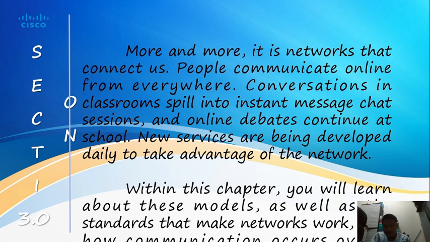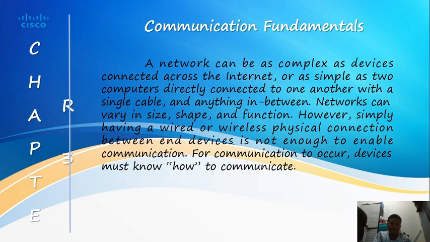Within this chapter, you can learn about these models as well as the standards that make networks work, and how communication occurs over them. So, communication fundamentals. A network can be as complex as devices connected across the internet, or as simple as two computers directly connected to one another with a single cable, and anything in between.